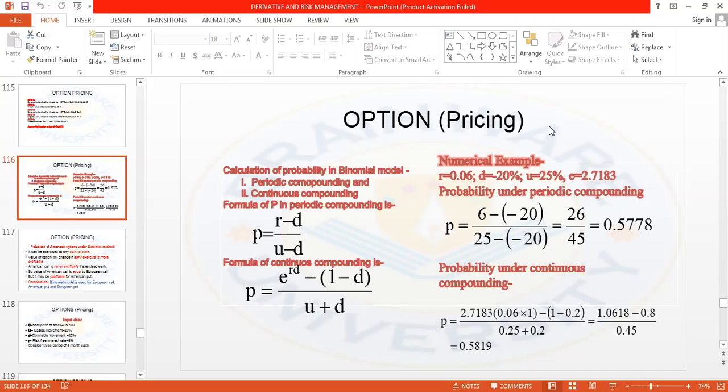Different area means actually we are developing a new formula for calculating the probability that we have used earlier in solving our previous problem. We already mentioned the formula of probability is based on the concept of risk neutrality.